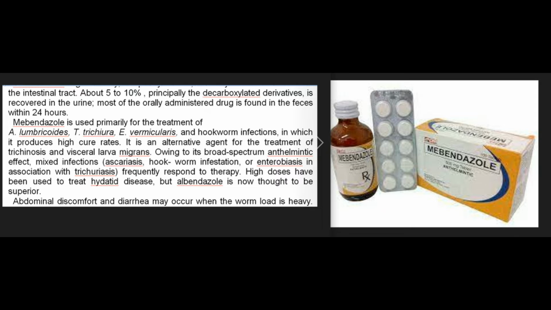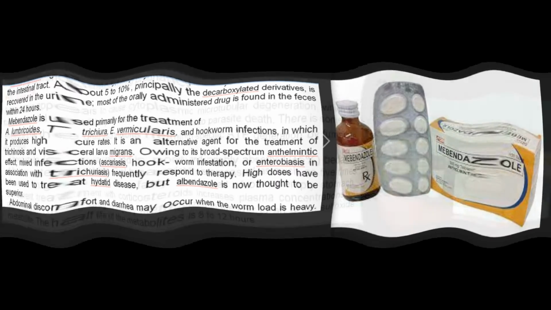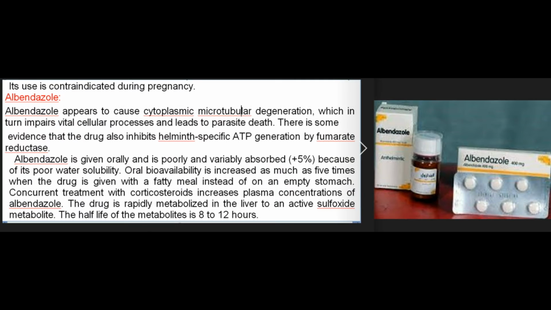Owing to its broad-spectrum anthelmintic effect, mixed infections, such as ascariasis, hookworm infestation, or enterobiasis in association with trichuriasis, frequently respond to therapy. High doses have been used to treat hydatid disease, but albendazole is now thought to be superior. Abdominal discomfort and diarrhea may occur when the worm load is heavy. Its use is contraindicated during pregnancy.